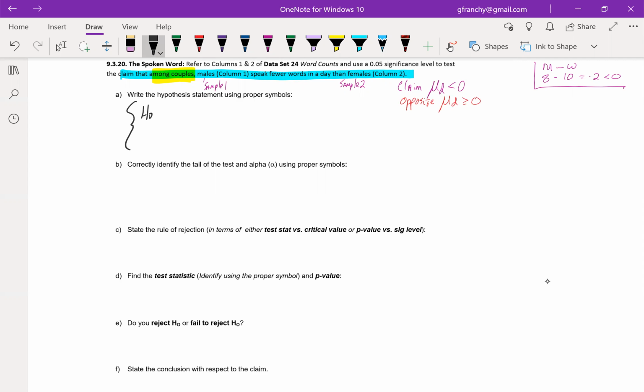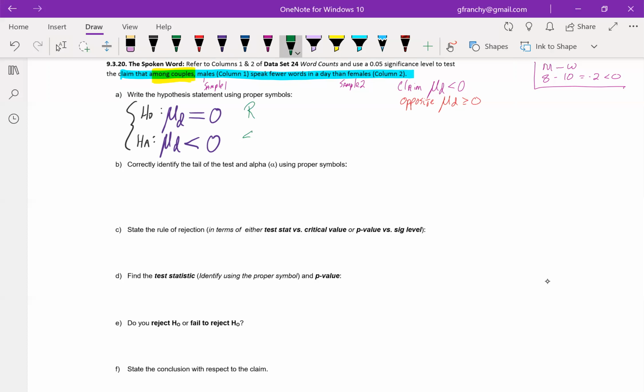So that gives us enough information to formulate our hypothesis statement. So mu sub d and 0 are what go in there. What goes between them in the null is equal, because it's always equal in the null. And the strict inequality in the alternate is going to be the less than.